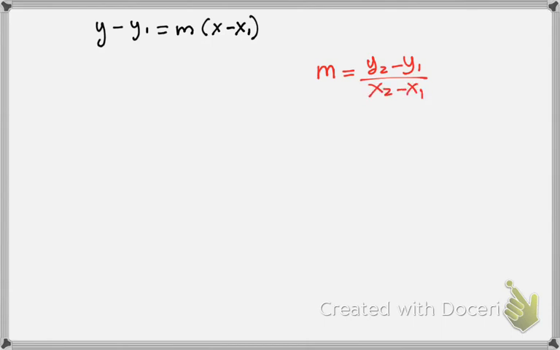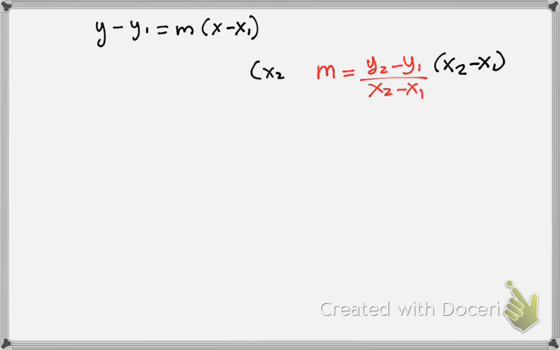So let's talk about where point slope came from, because for me to memorize, I need to know why, as opposed to somebody saying you just have to memorize this. How would I get the x's out of the denominator? You have to multiply both sides by the denominator, so multiply by x2 minus x1.